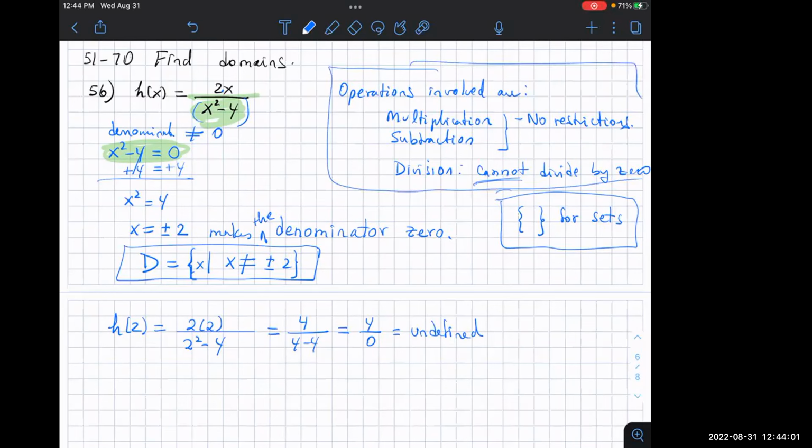How do you read where it says D equals curly bracket x? So you read this as set D with elements x, and then the vertical bar stands for "so that", or with a condition, so that x is not equal to plus or minus 2, or neither 2 nor negative 2.